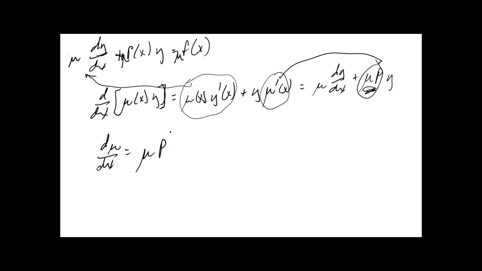Okay? Mu p. That's what we want to happen. Now, that's a separable differential equation, isn't it? So let's separate it and make it d mu over mu is equal to p of x dx. Right?